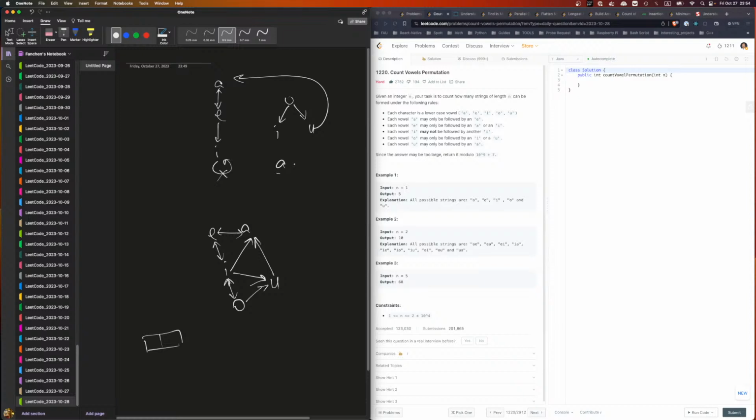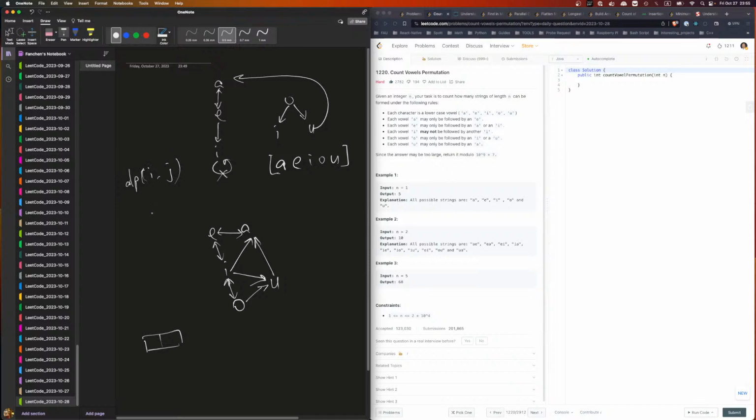The next one is E, that's it. So if we start from A, we're asking how many we can do from E. So basically it's going to be a DP over A, E, I, O, U.